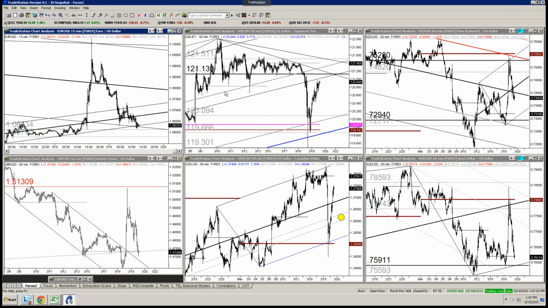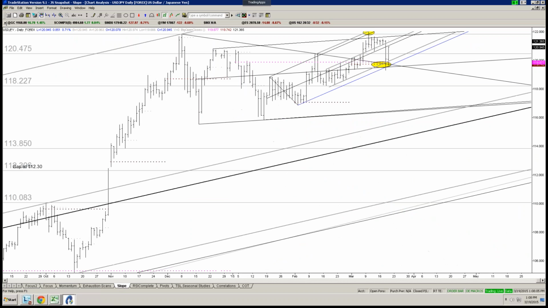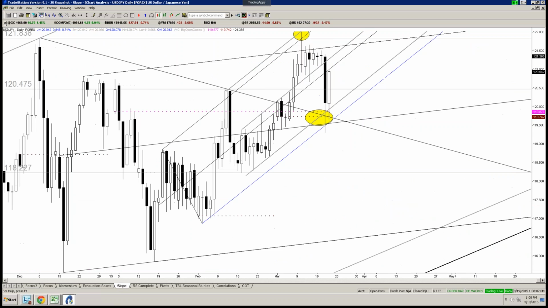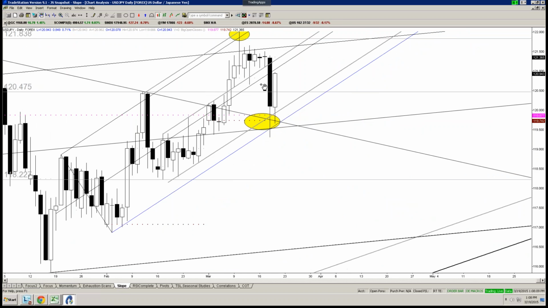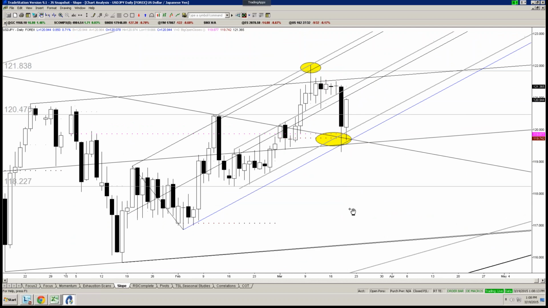With the dollar yen, it's actually been a lot cleaner. So pretty amazing that the slopes here have worked just as well as they have. This chart is unchanged.